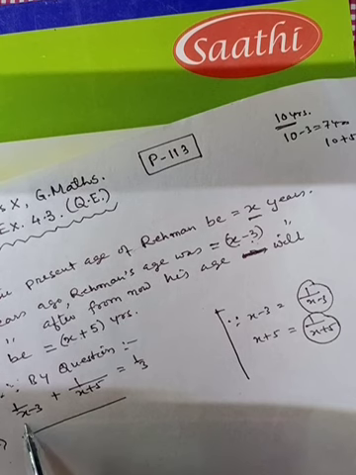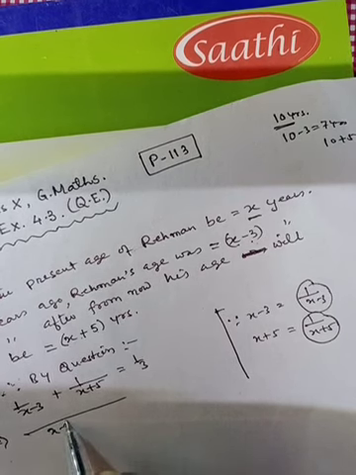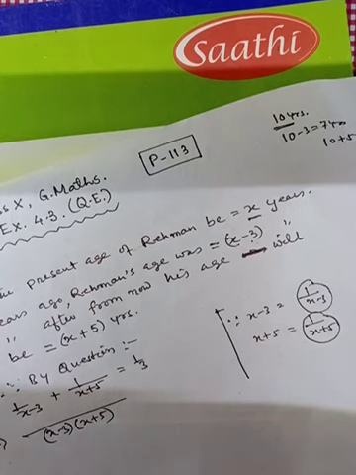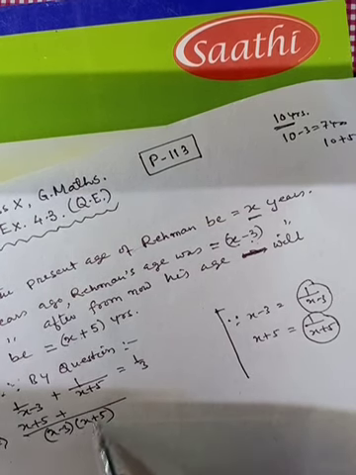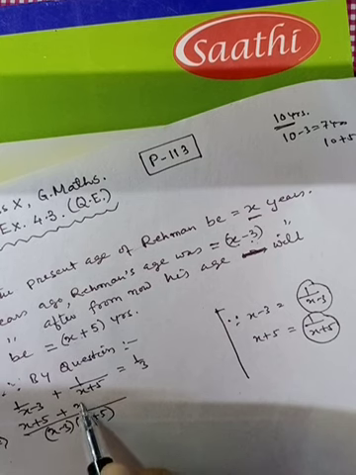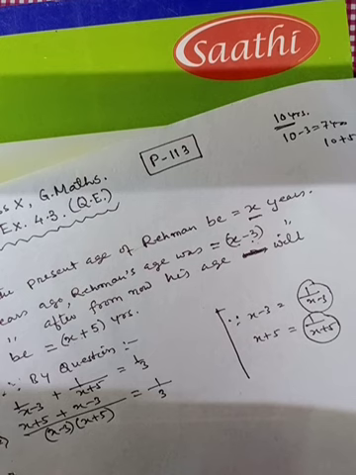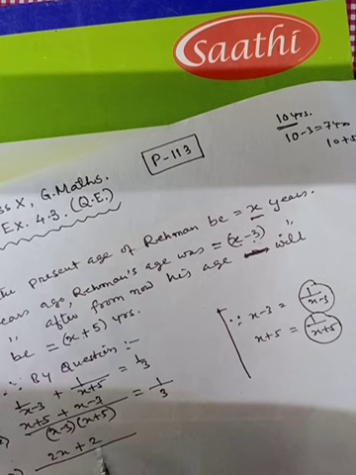So find the LCM of x minus 3 and x plus 5. This will be (x minus 3) into (x plus 5). So after simplifying, in the numerator we get x plus 5 plus x minus 3, which is twice x plus 2.